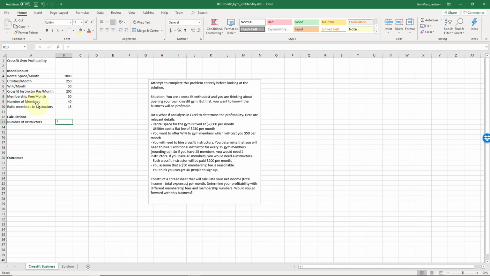If we have 40 members, how many instructors are we going to need? 2 instructors could only handle 30 people, so we're going to need 3 instructors. So what would happen if we say equals 40 divided by 15? Okay, that's 2.6667. Well, let's just assume for argument's sake, we can't hire 2/3 of a person.